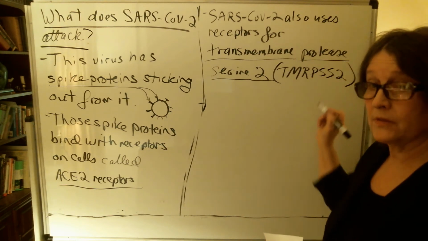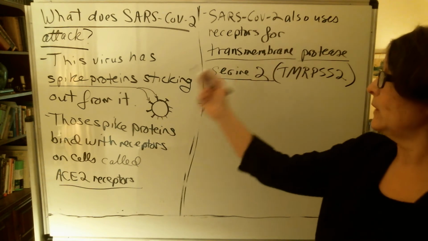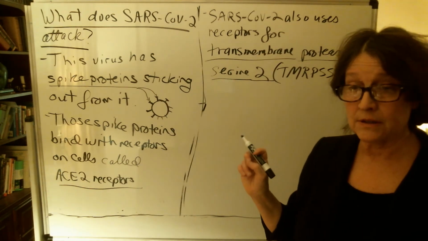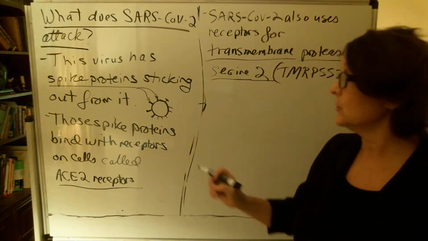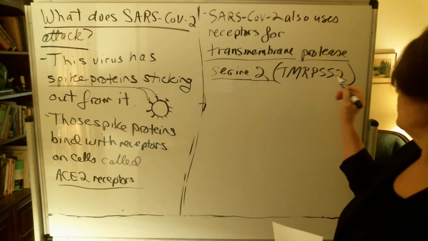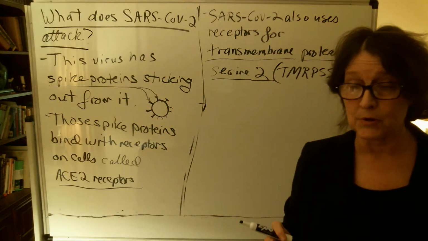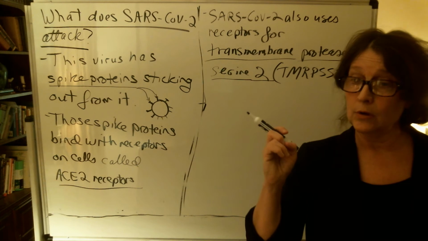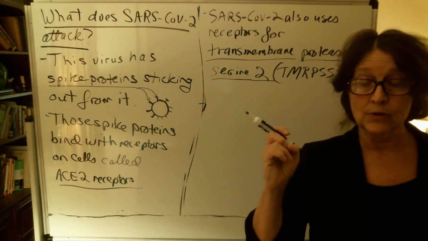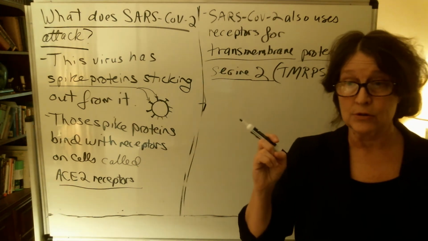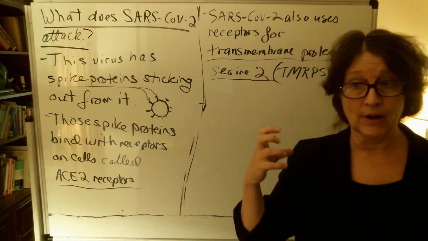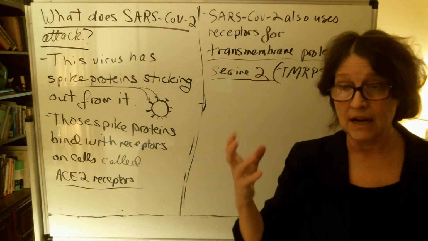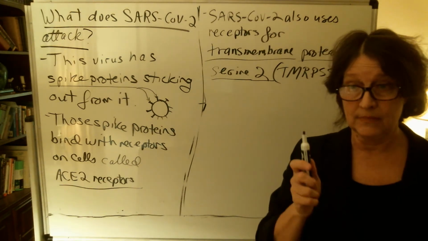I'm not too worried about this, but I just wanted you to hear this. So we have these two different kinds of receptors on some of our cells, the ACE2 receptors and the TMPRSS2 receptors. And the SARS-CoV-2 virus is able to interact with those cells that have those receptors. Basically the virus comes along, interacts with those receptors, and uses that as an entry into the cell. And then you're in trouble.